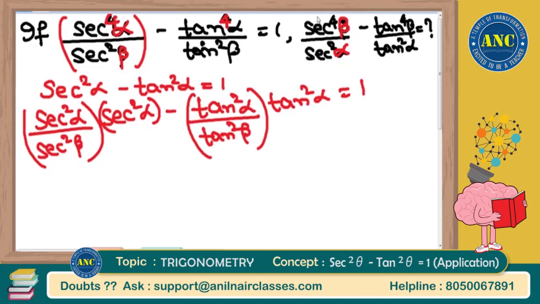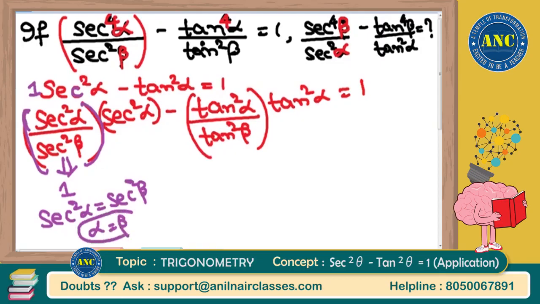The coefficient of secant square alpha in the identity is 1, but here the coefficient is something that should be equal to 1. That means secant square alpha will be equal to secant square beta. That means alpha is equal to beta.